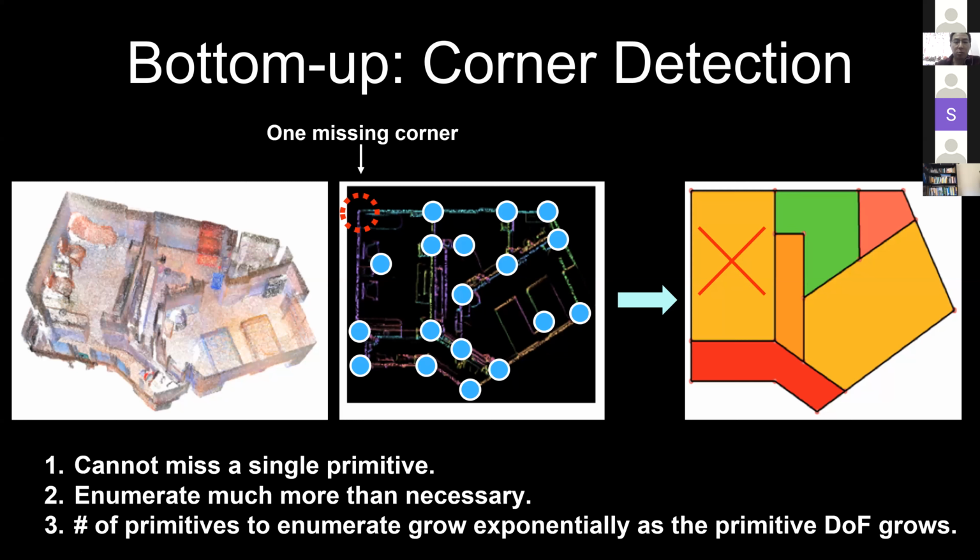You enumerate much more than necessary, but the space of primitives you enumerate grows exponentially as the degrees of freedom of the primitive grow. A corner has 2 parameters, an edge has 4, a room has a lot more. So this becomes more and more difficult and typically falls apart if you really go for higher level geometric structure.